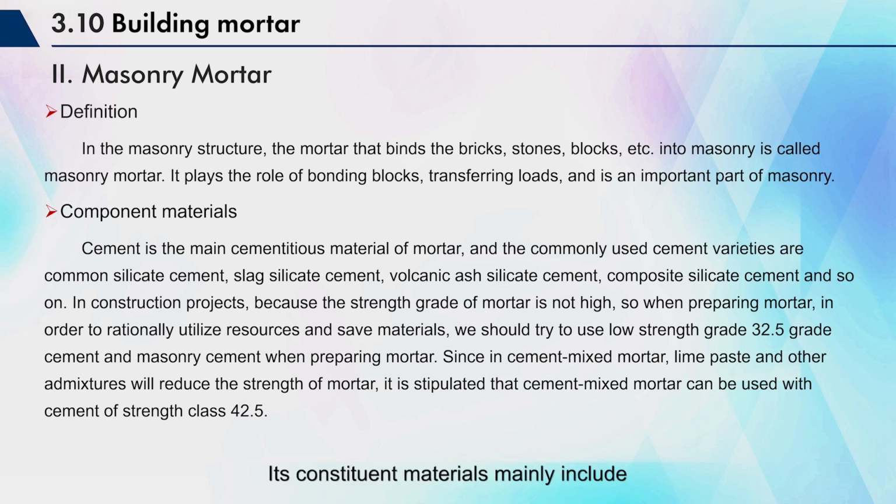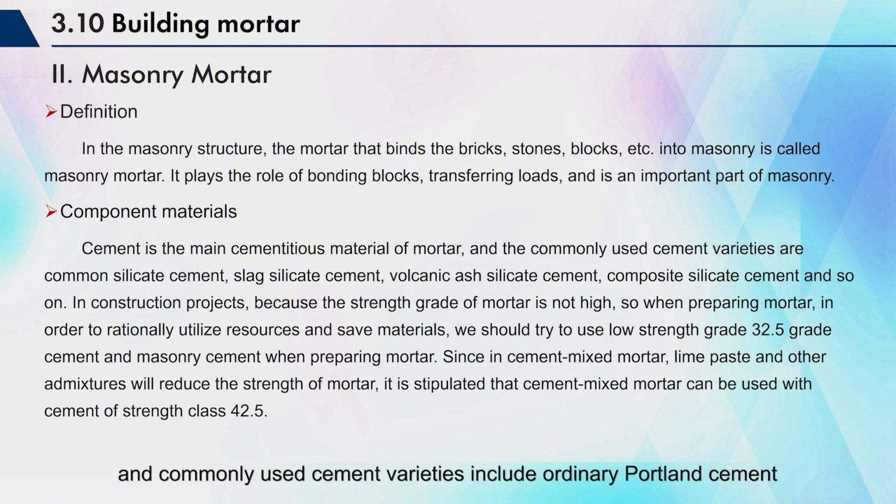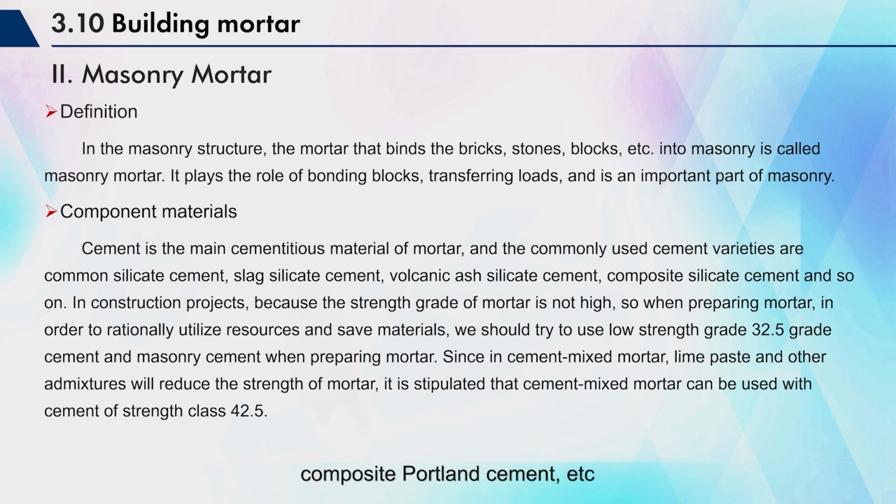Its constituent materials mainly include cement, which is the main cementitious material for mortar, and commonly used cement varieties include ordinary Portland cement, slag Portland cement, volcanic ash Portland cement, composite Portland cement, etc.